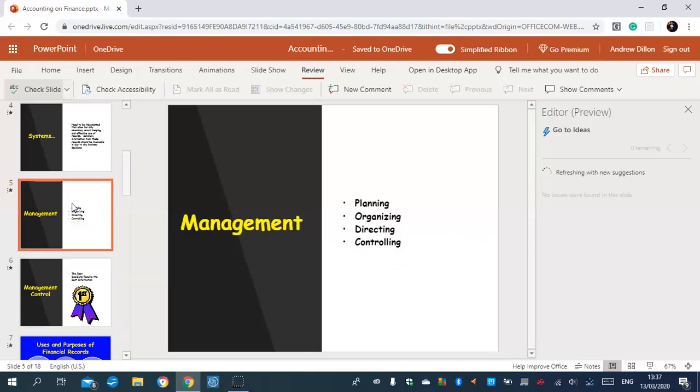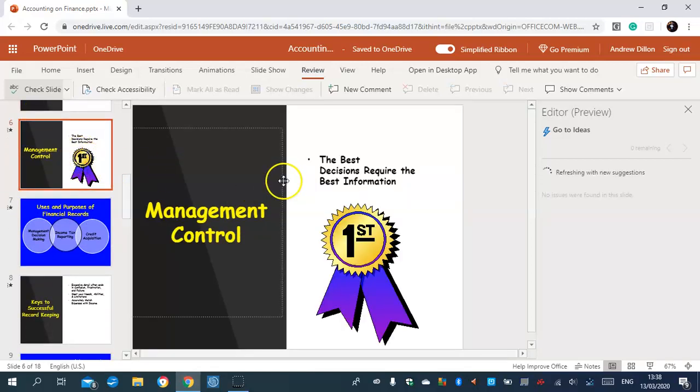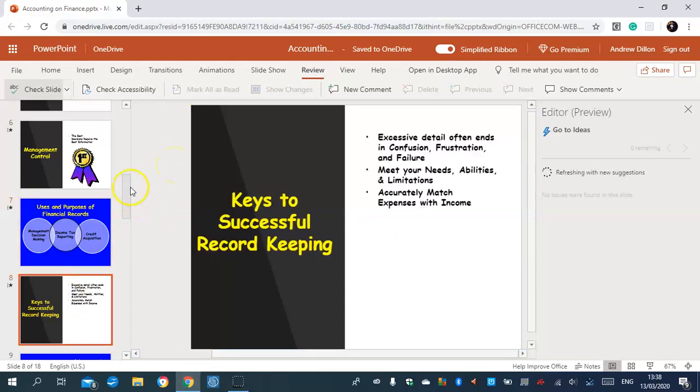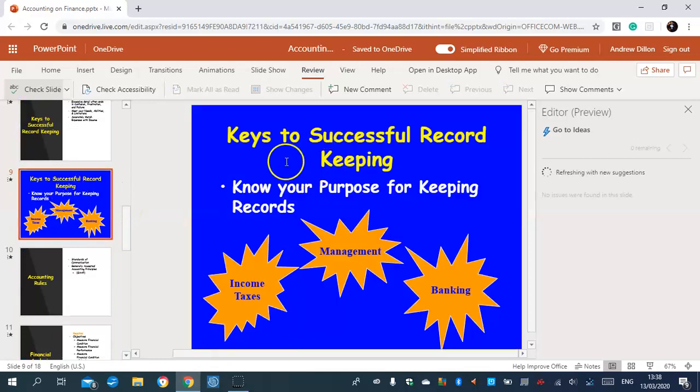No issues on this slide. No issues in the management slide, management control. No issues. It's very good so far. No issues on the keys to successful record keeping slide. Let's check. No issues. Next slide is the record keeping.